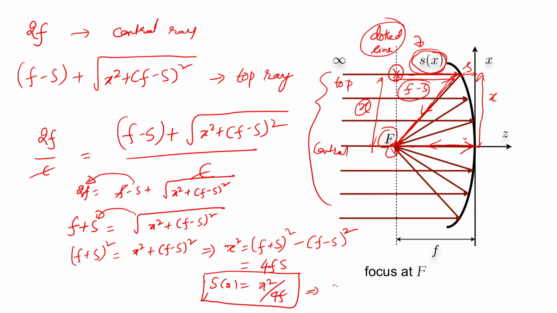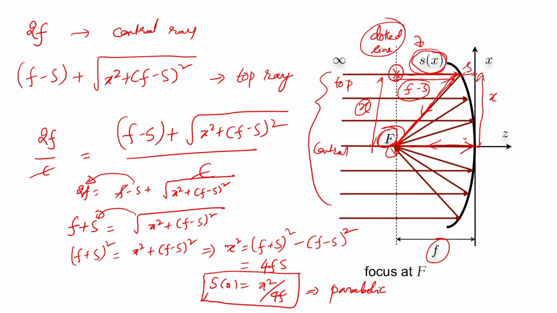So that's a parabolic reflector, right? That's how we can use Fermat's principle to arrive at the shape of the reflector. We started with the statement of our problem: I have a set of parallel rays and I would like to converge them to a given focal point, which is at a distance f from my reflector.